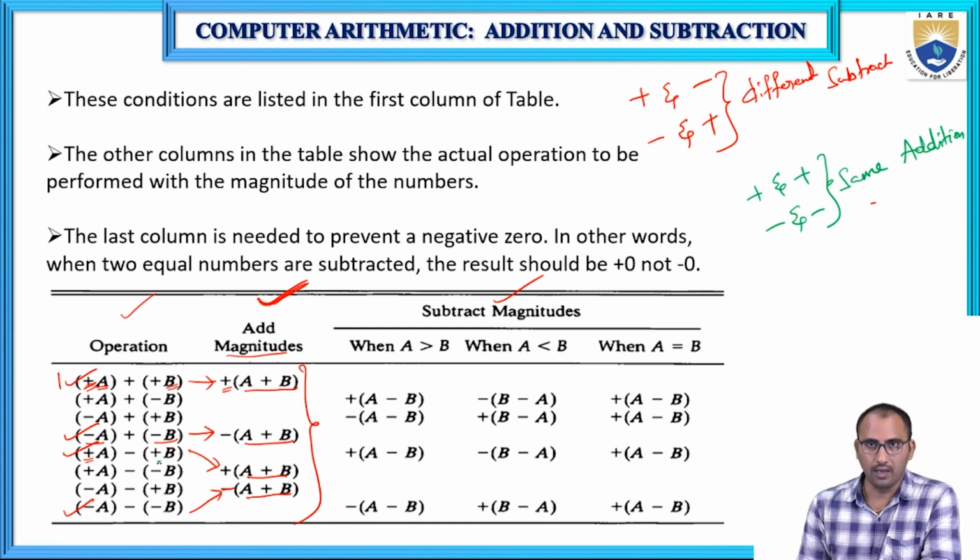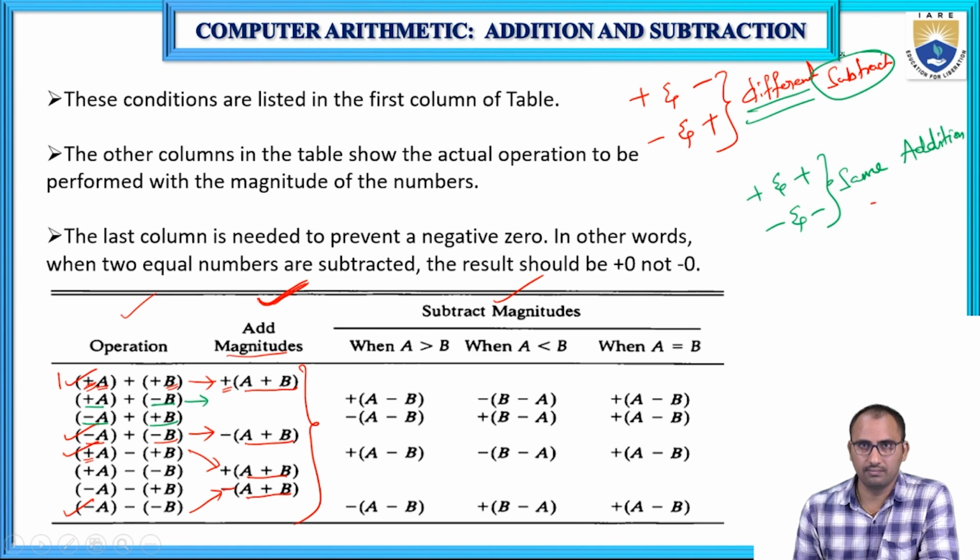Okay, so see here, these are the two. For this, the signs are different. This is plus A and this is minus B. The signs are different. The second one, minus A plus B, the signs are also different. So when signs are different, we are performing subtraction.